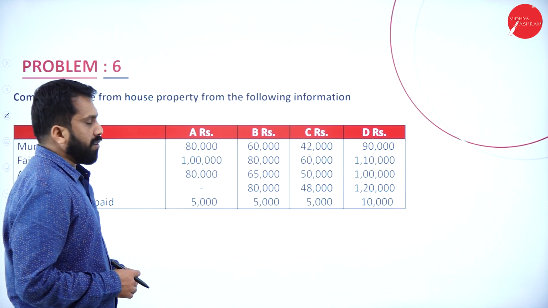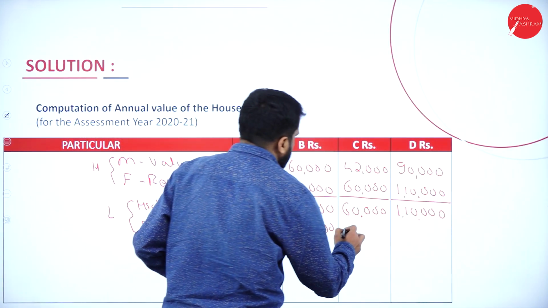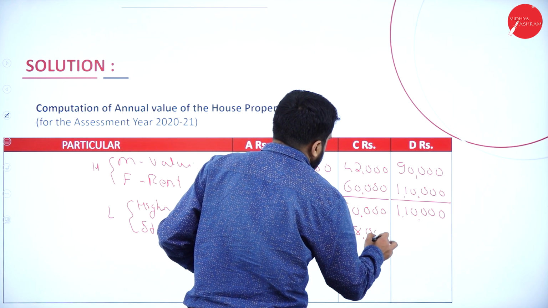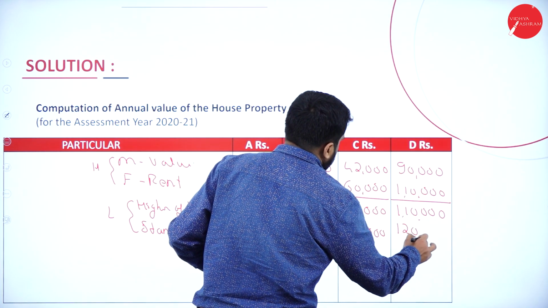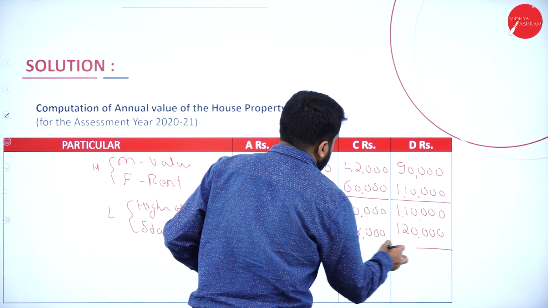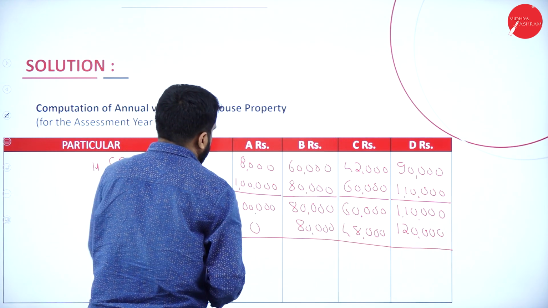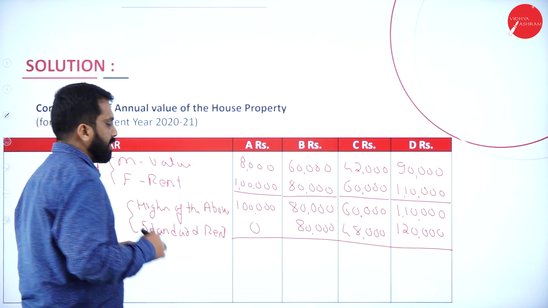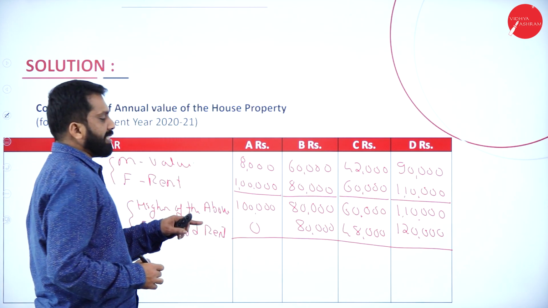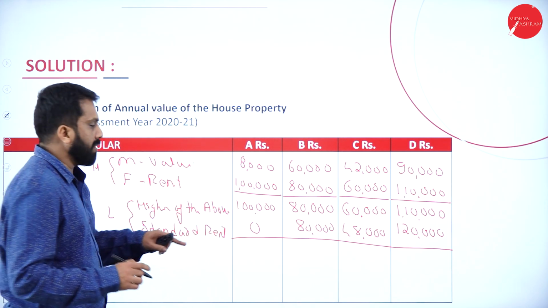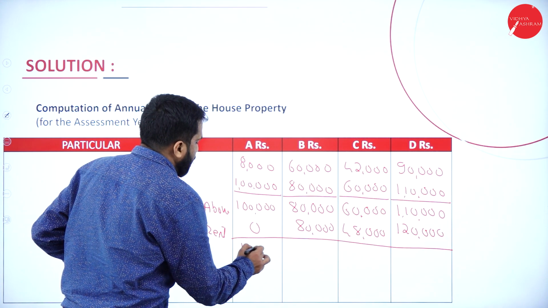Then it will be 48,000 and 1,20,000. So whichever is less. In this, if it is 0 or value is not given, then we'll go for old answer only.